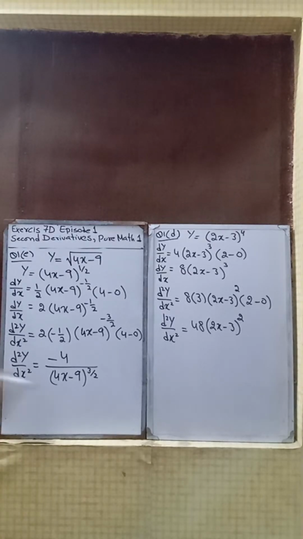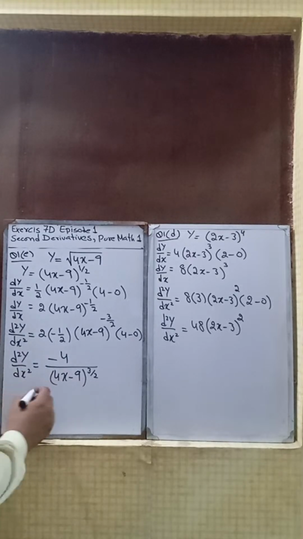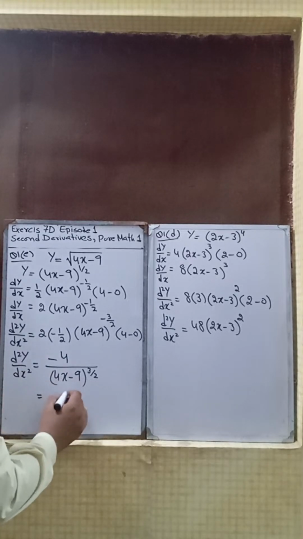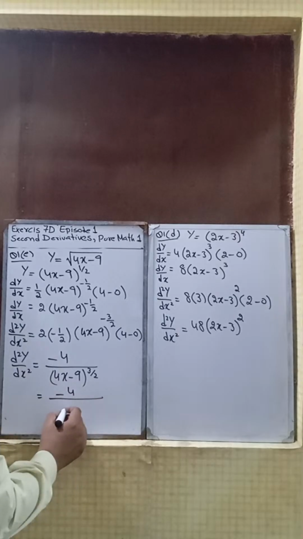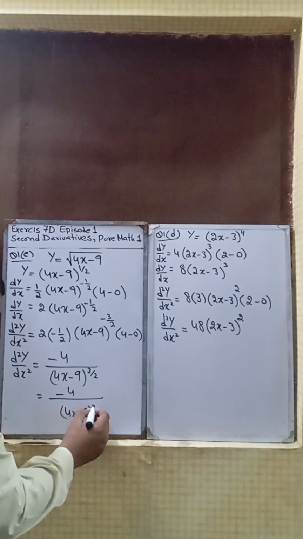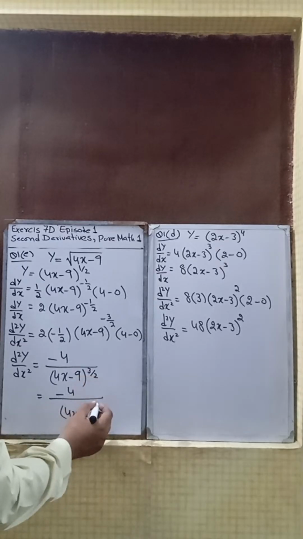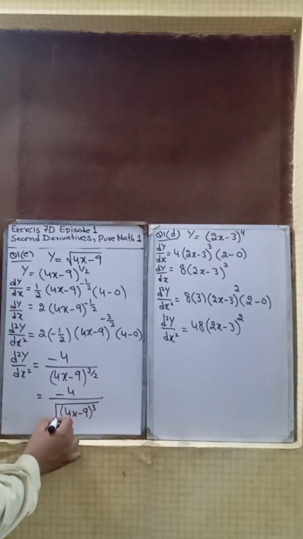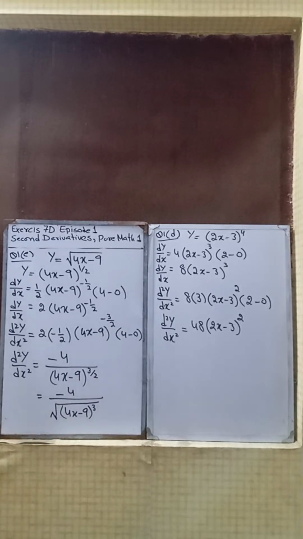They have written this in this form. Let me show you. They have written 4x minus 9 raised to power 3, and this 1 by 2 power they have converted into the radical form. So this is the second derivative of this expression.